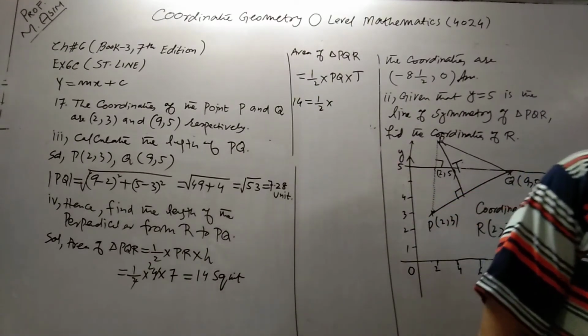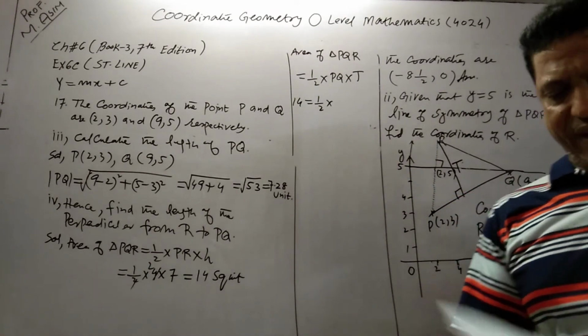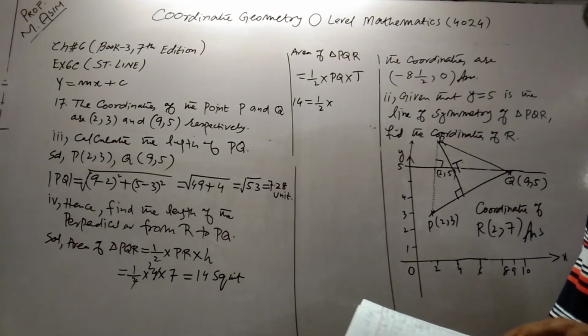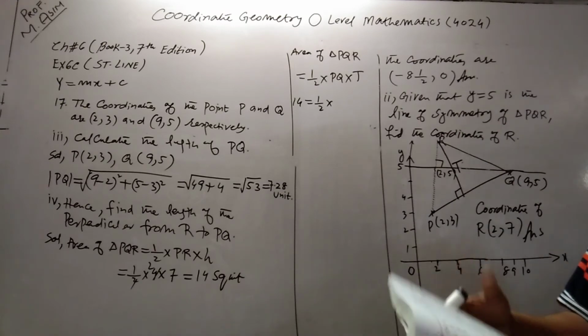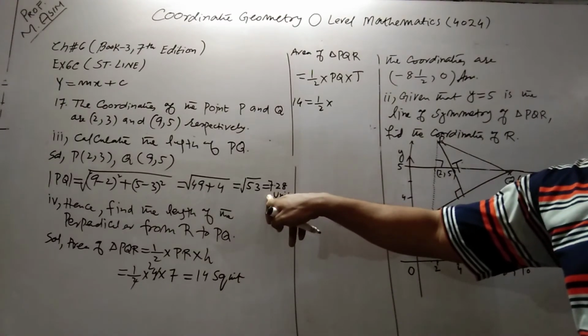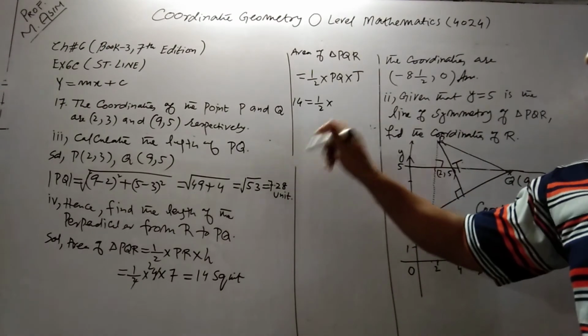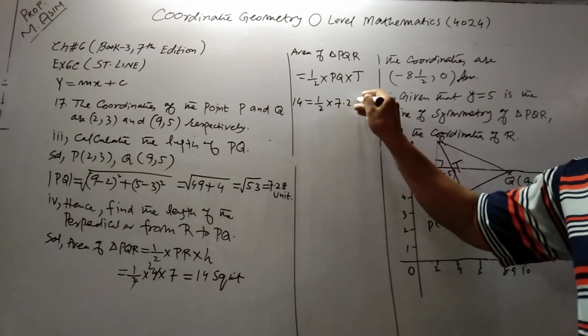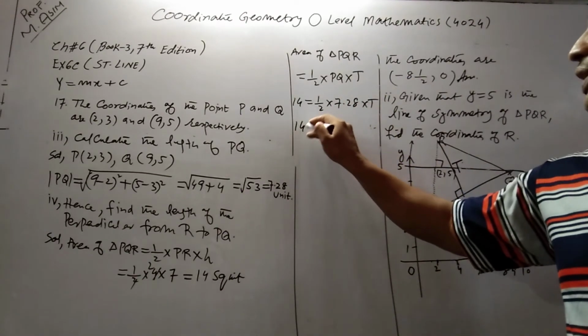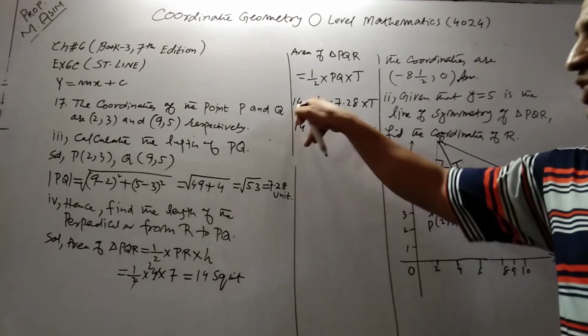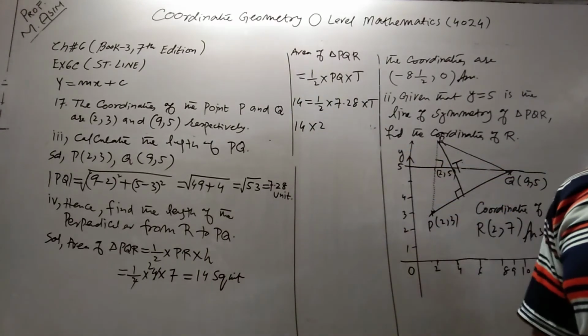What is the length of PQ? We have already found the length of PQ, which is 7.28. See this, the length of PQ is 7.28 into T. 14, this 2 is divide, this should be multiply on other side.